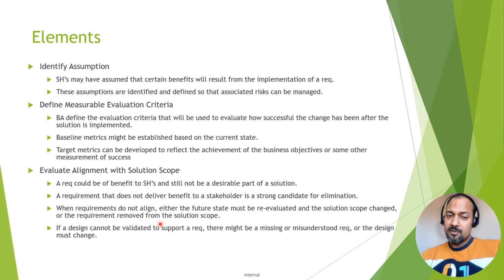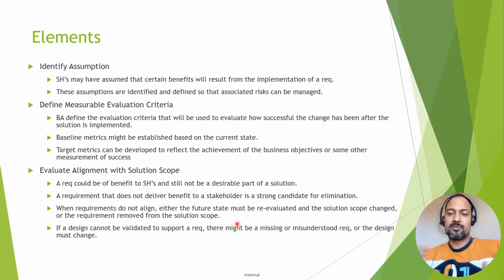When requirements do not align, either the future state must be reevaluated and the solution scope changed, or the requirements removed from the solution scope. This line is also important. When a requirement is not aligned with the solution scope, either you remove it or you re-evaluate what the future state could be, and in that sense the solution scope could be changed.